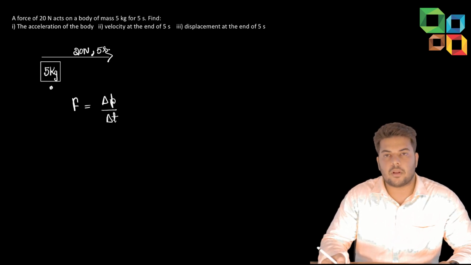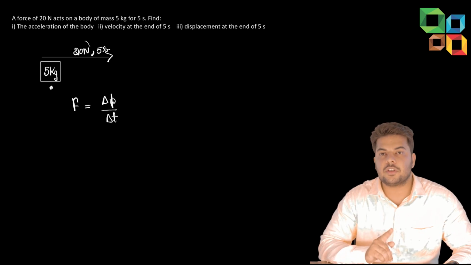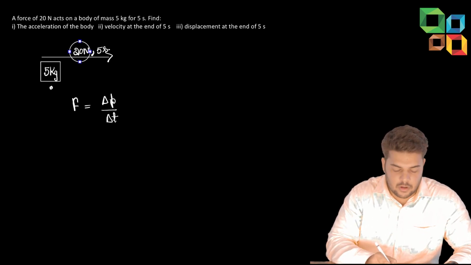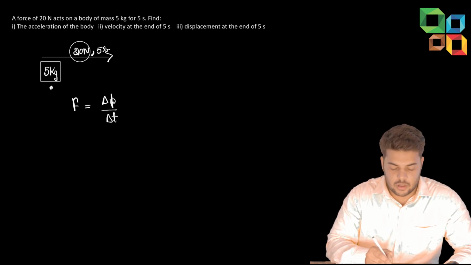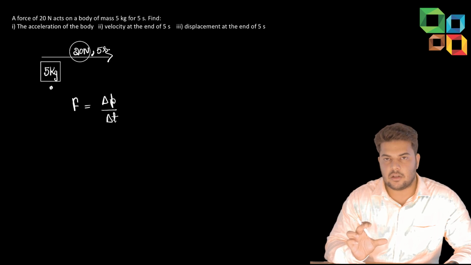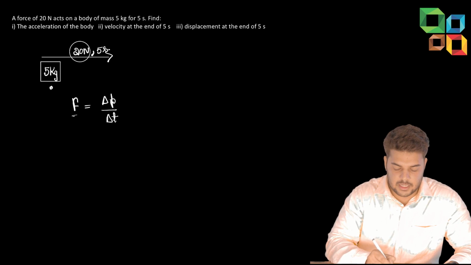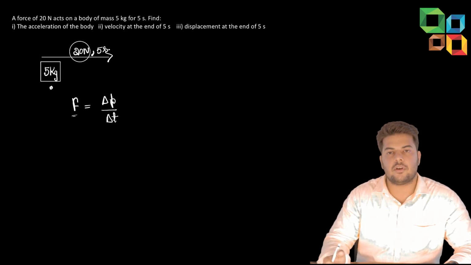Let me not give you any new information. All right. So now the force is constant. Remember, force is a constant. Let's see what that means. So dp by dt is constant. Delta p by delta t is constant because why? Because that's equal to force, and force is constant, isn't it?